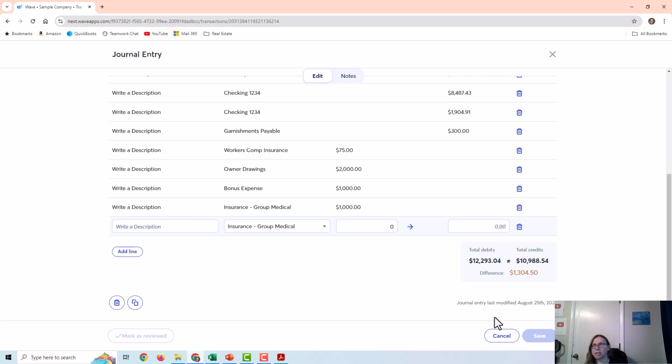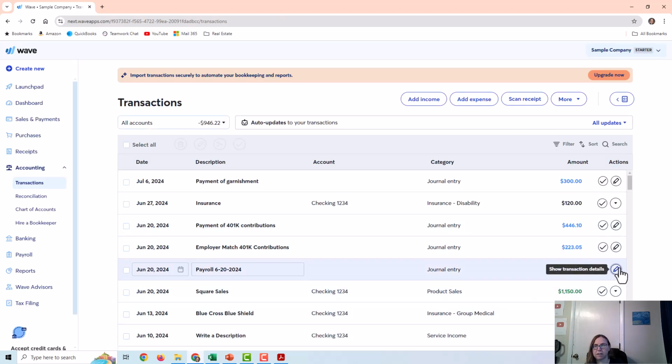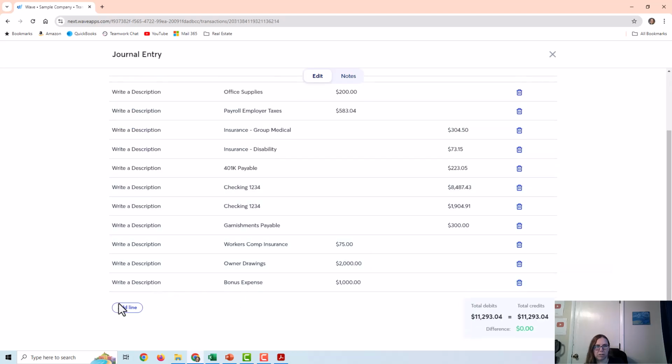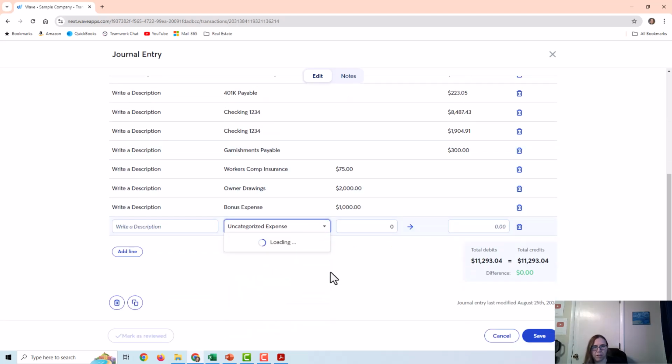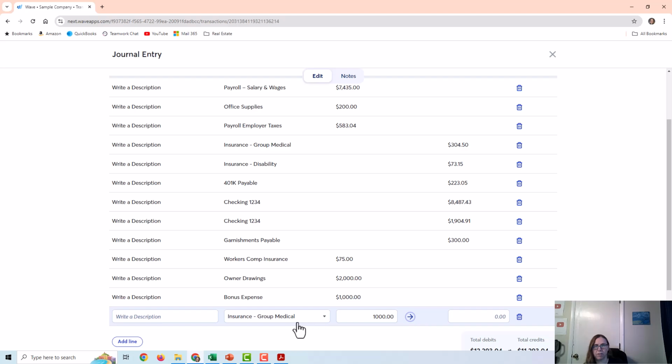Okay, I'm actually going to cancel this and come back into the entry so that I can do it the way it was originally stated. Okay, so I am going to just keep it as this with the $1,000 debit and the $304 credit.